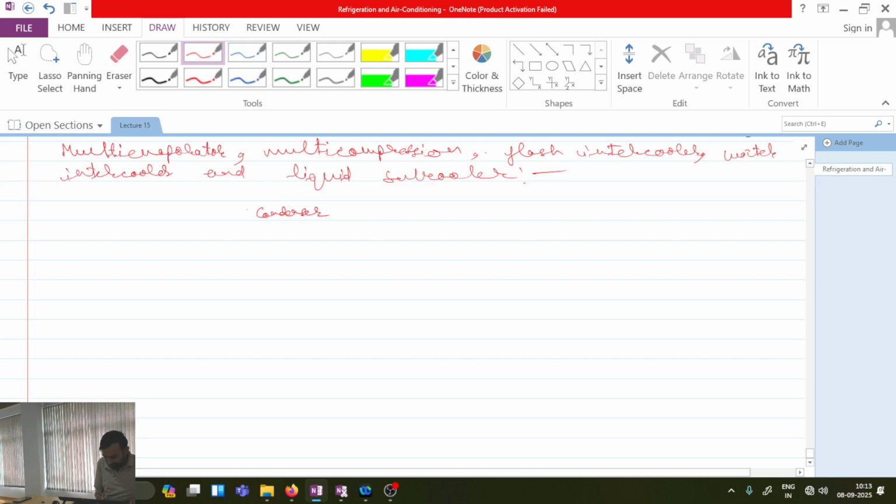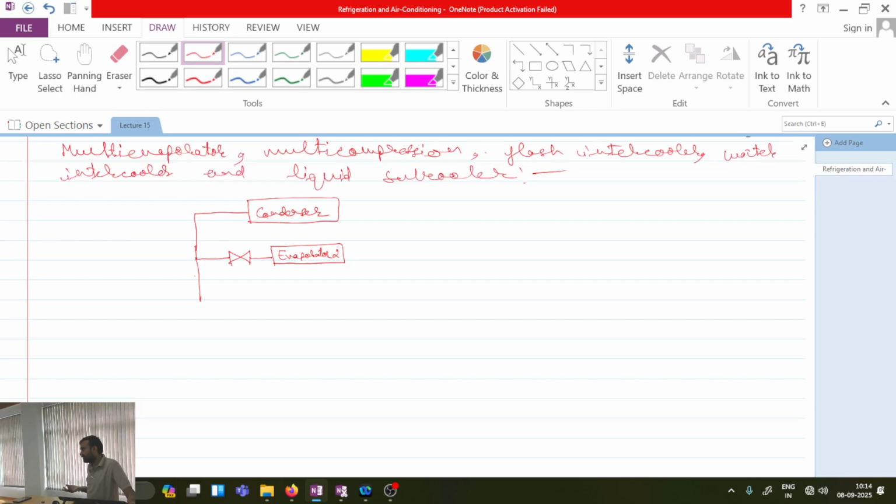I will be having a condenser. From the exit of the condenser, I will first have one expansion valve, and this expansion valve will supply refrigerant to evaporator 2. Then when I am supplying to the lower evaporator, instead of directly supplying, I will first use a flash chamber, and within the flash chamber I will be doing liquid subcooling.